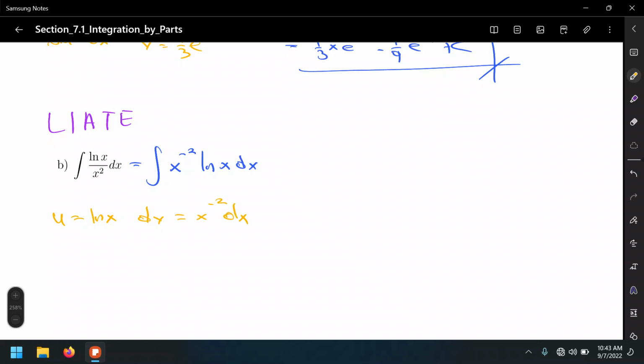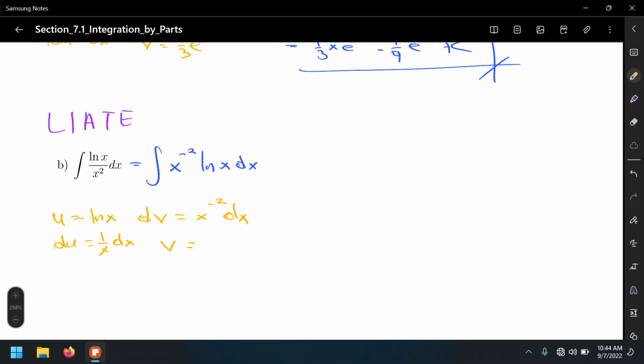What are we going to do from here? Take the derivative of the u part, take the integral of the dv part. Let me write it down again. The derivative of ln x is, well, du equals 1 over x dx. And then integrate the second part, that's v.